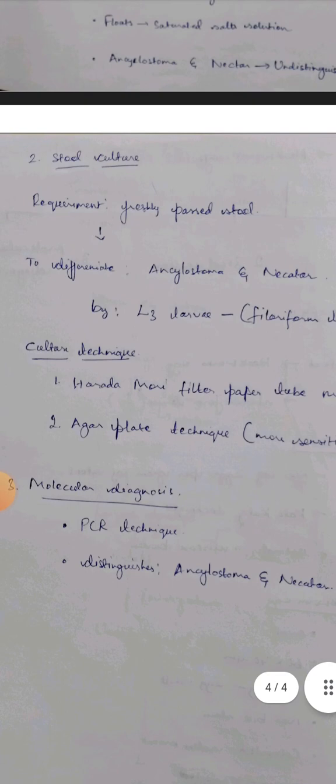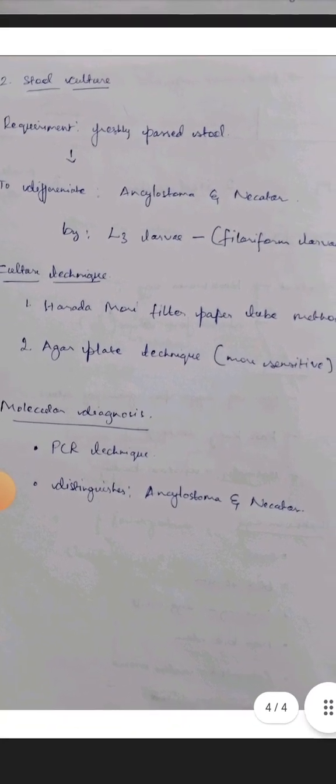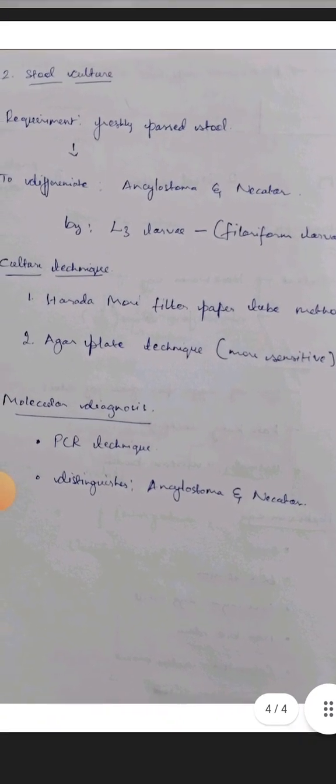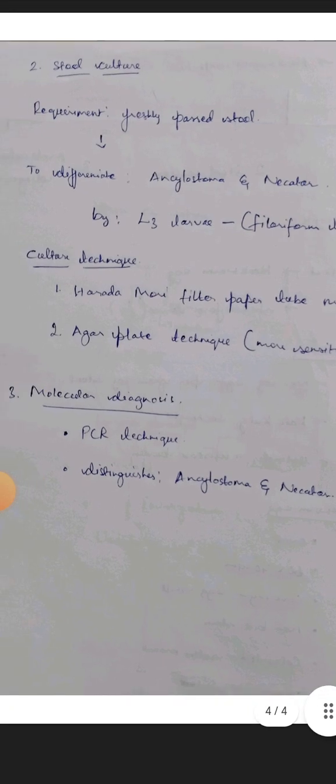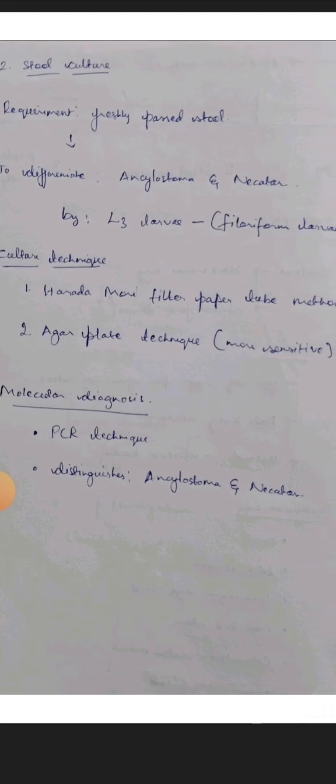The culture techniques used here are the Harada-Mori filter paper tube method and the agar plate technique, which is a more sensitive culture technique. And the last lab diagnosis is molecular diagnosis, where polymerase chain reaction is involved, and it also helps to distinguish Ancylostoma and Necator species of hookworm.